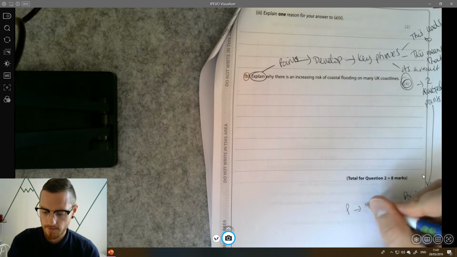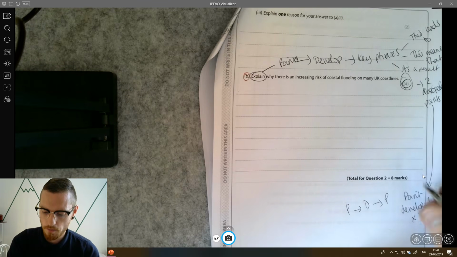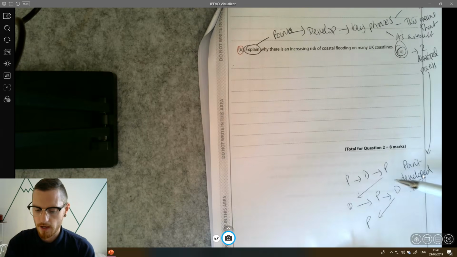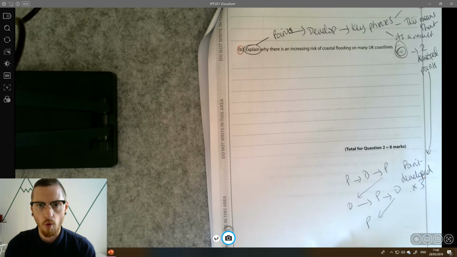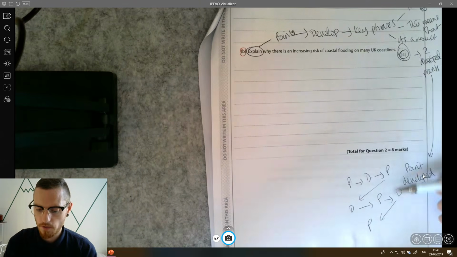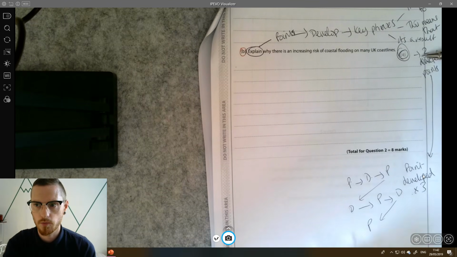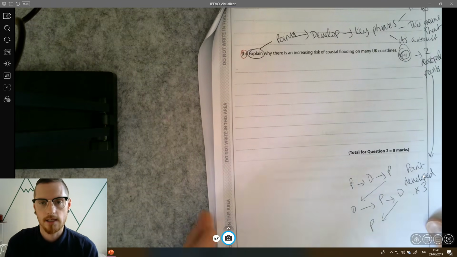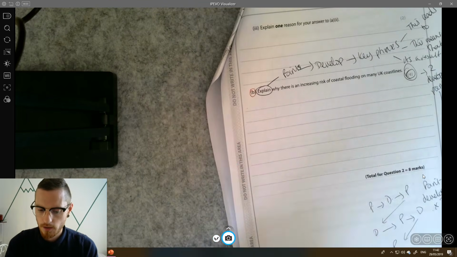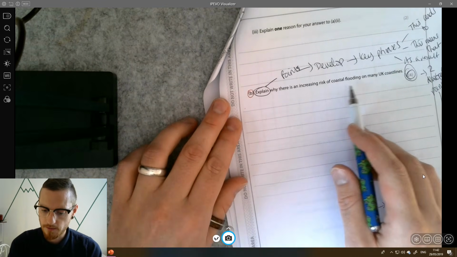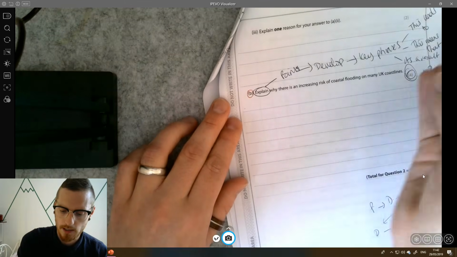So that would be like point, develop it, make a new point, develop it, make another point, develop it into my last point. So I could get it this way: point, develop 1, 2, 3 times gives me a 4 mark answer. I'm going to show you this setup here, but you could also do it with just 2 developed points, which some students might find easier to attain the 4 marks. So explain why there's increasing risk of coastal flooding on many UK coastlines.